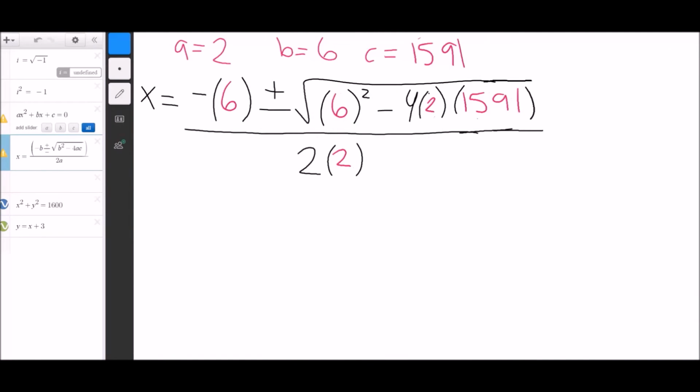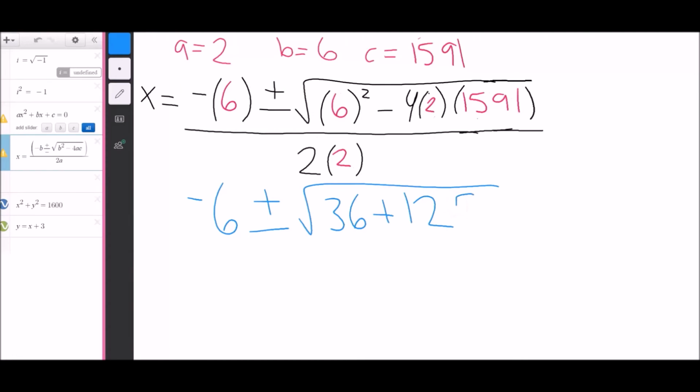Okay, so now we can just simplify it. So it's going to be negative 6 plus or minus the square root of 36 plus 12,728 over 4.